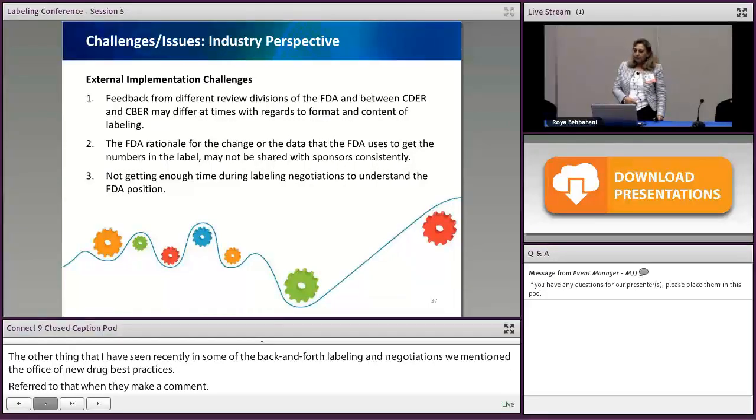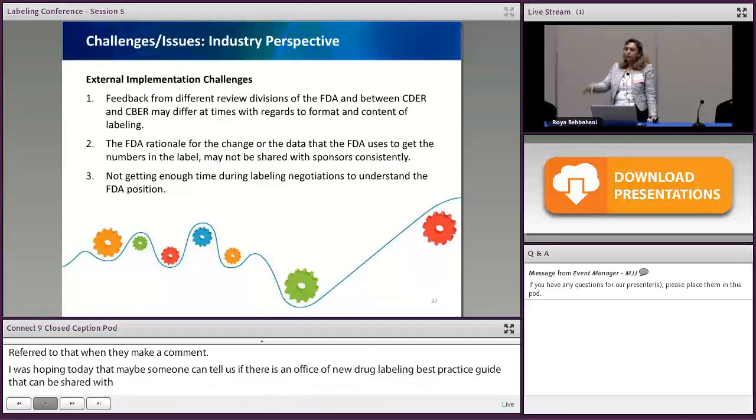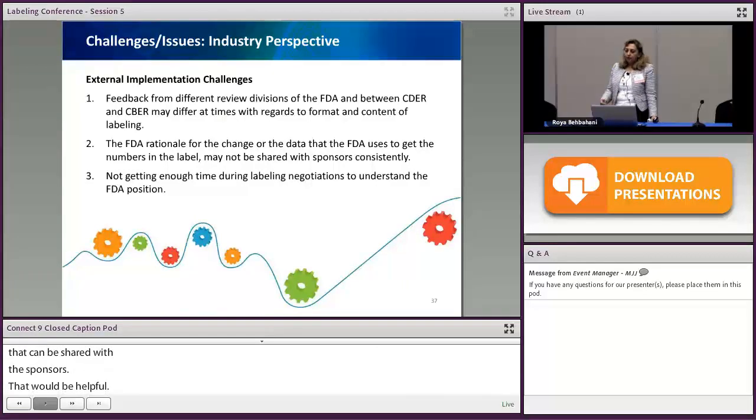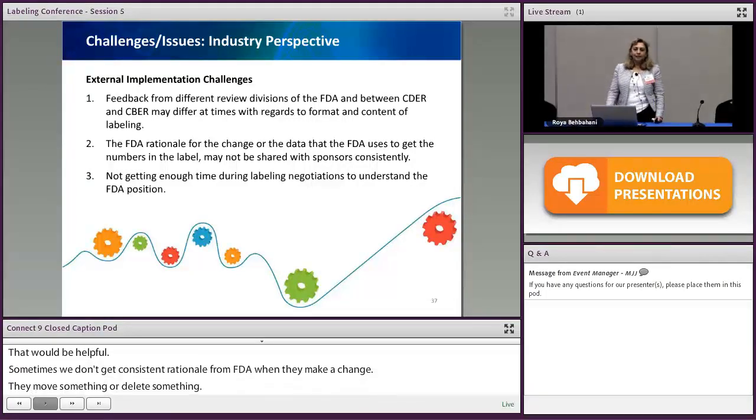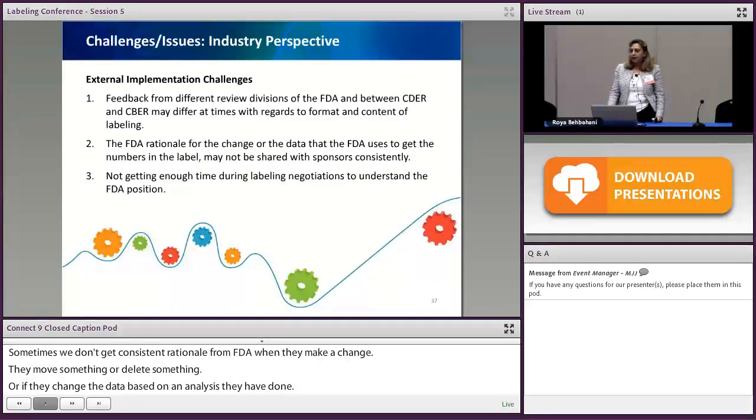And then sometimes we don't get consistent rationale from FDA when they make a change, move something, delete something, or change the data based on the analysis that they have done. In my experience, in most cases, every time we have asked for that information, they have provided it to us.